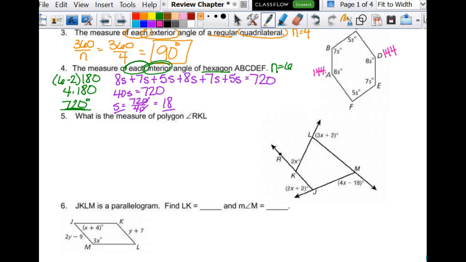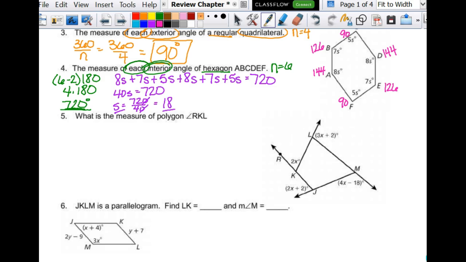So I can take 10 away and be at 134. Then take another 8 away and be at 126. And 126 over here. And then 5 times 18. I can do 5 times 10, which is 50, 5 times 8, which is 40, add them together, and I get 90 here and 90 here.